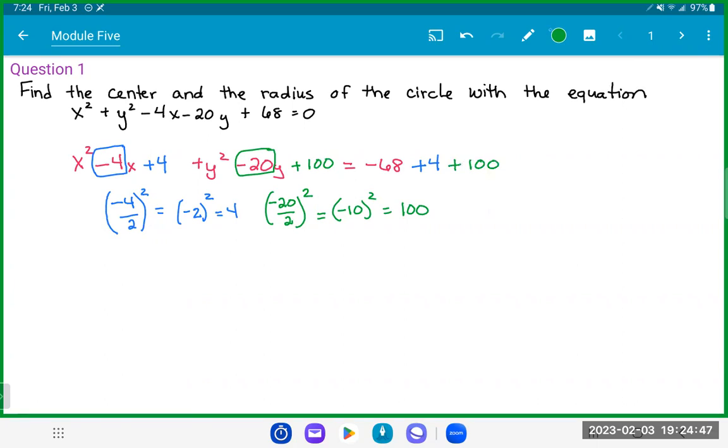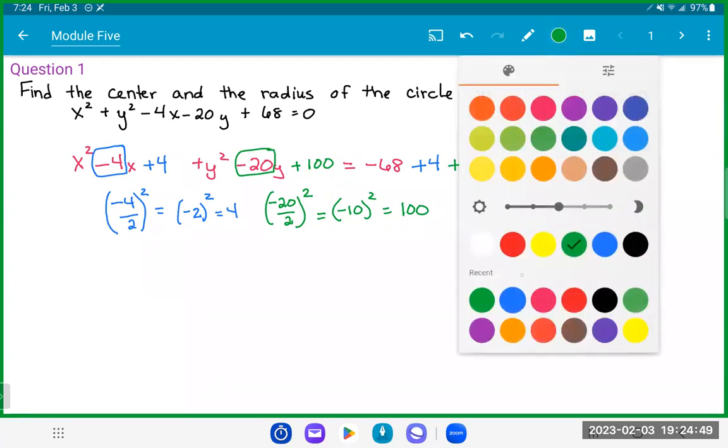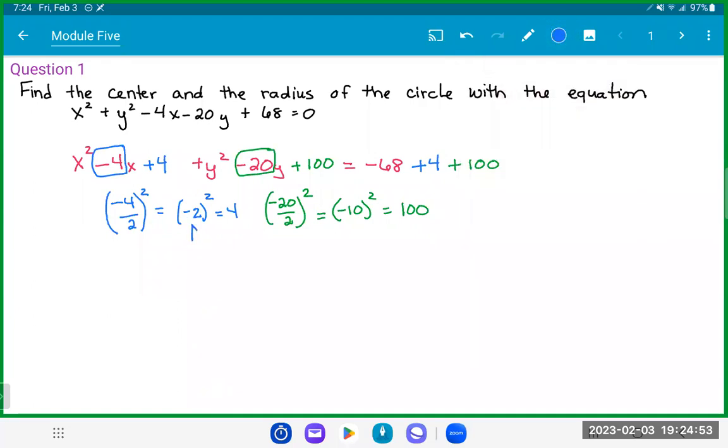Okay. Now, what I want to point out here is this -2 right here is an indicator, okay? That -2 tells me that I'm going to do x minus 2 squared. So if I look at this whole thing right here, it factors to x minus 2 squared.